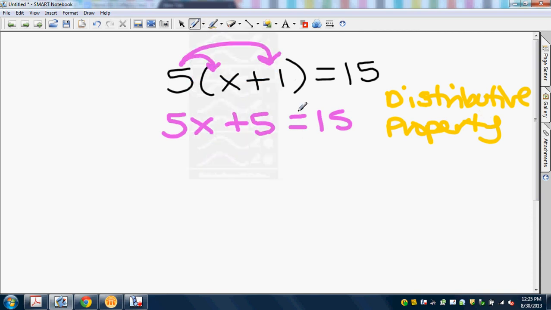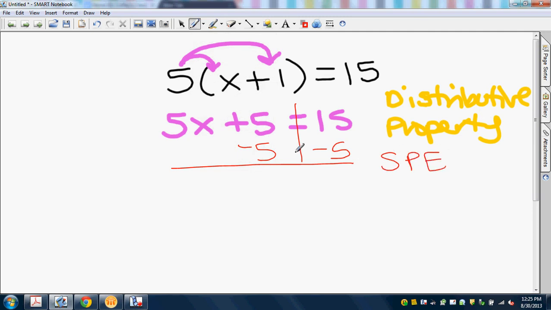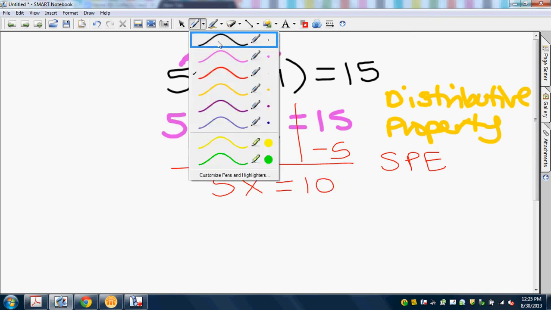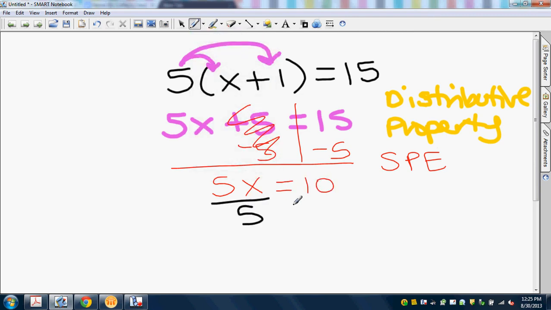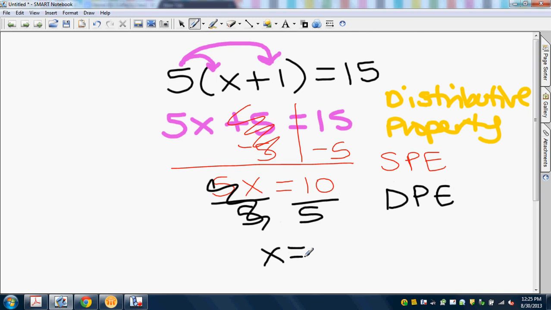So now I am going to subtract 5 from both sides. And so that's the subtraction property of equality. So those cancel out, and that leaves me with 5x is equal to 10. Then I'm going to divide both sides by 5. And that's the division property of equality. And so x is equal to 2.